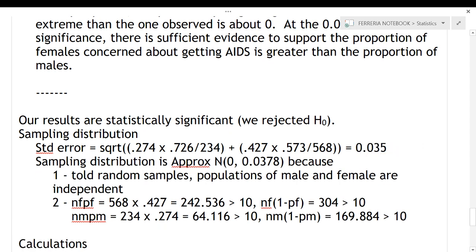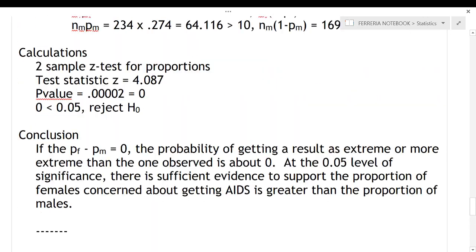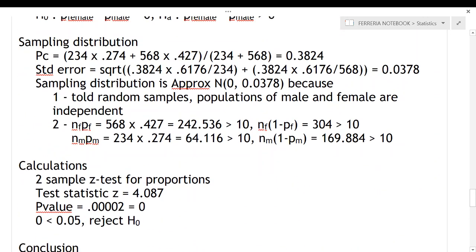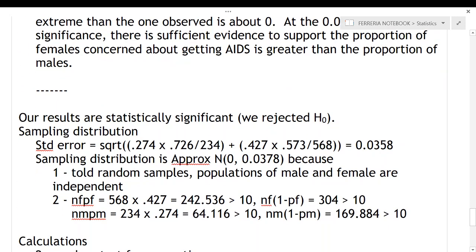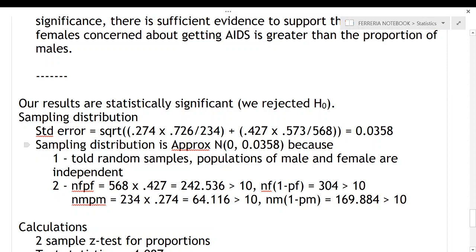Slightly different: 358 as opposed to 378. The sampling distribution is still approximately normal for the exact same reasons.